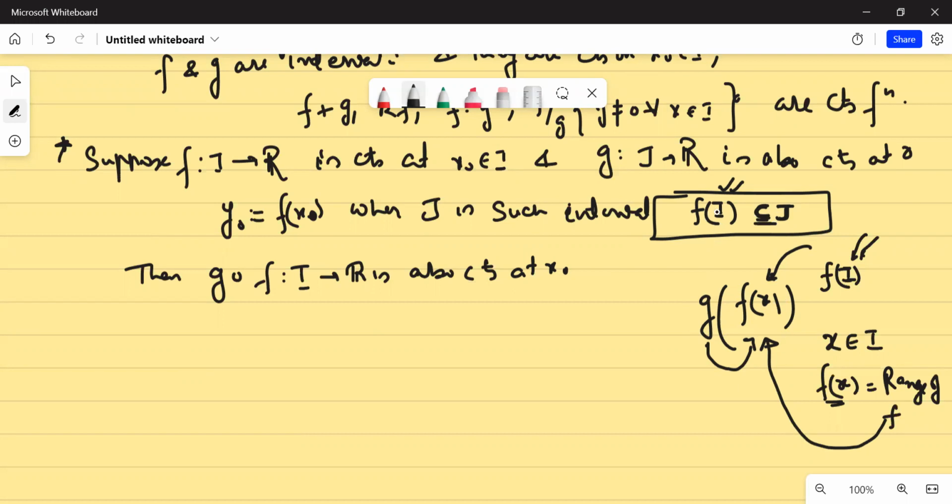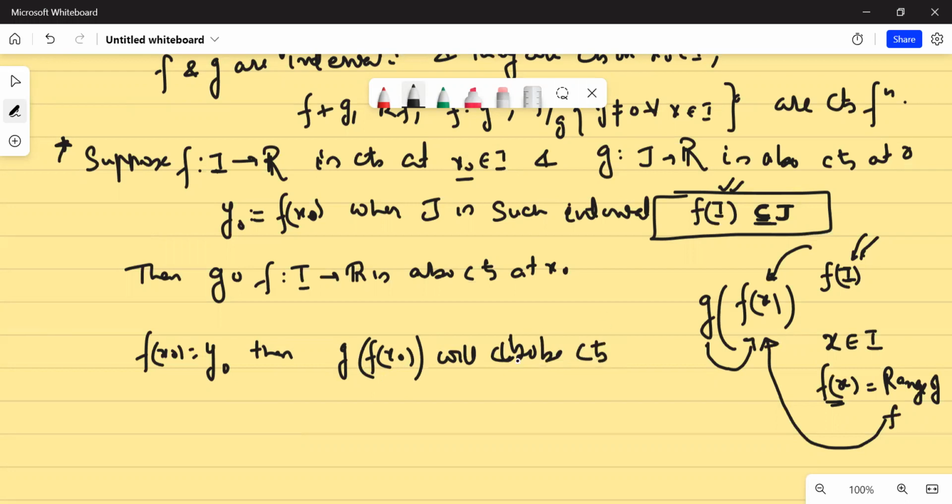So you should know why this is written. Now it is saying that if my function f is continuous at x0 and f of x0 is y0, then g of f of x0 will also be continuous, provided the composition is well defined. And for the composition to be well defined, the range of f must be contained in the domain of g.